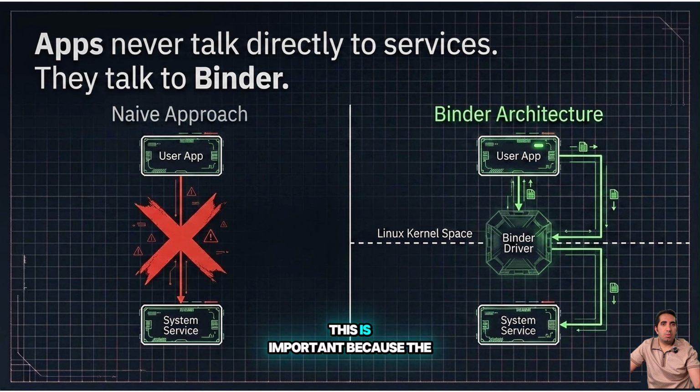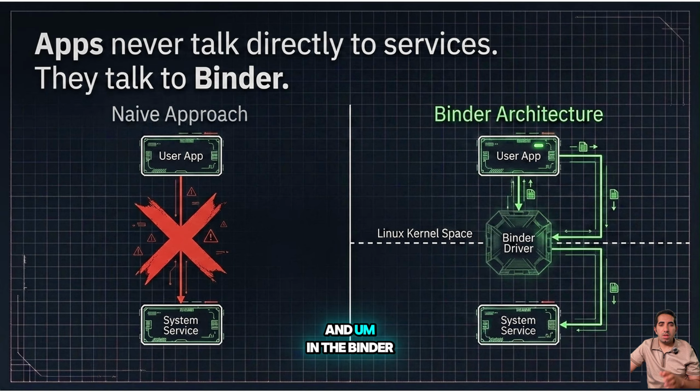This is important because the app never talks directly to the service, they talk to the binder. Android ignored the naive approach of letting apps talk to each other directly. Instead, it used the binder.